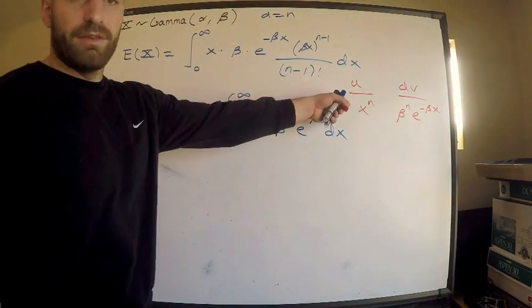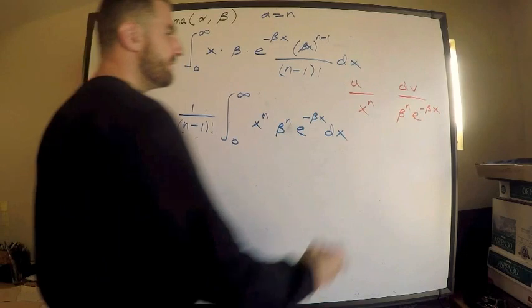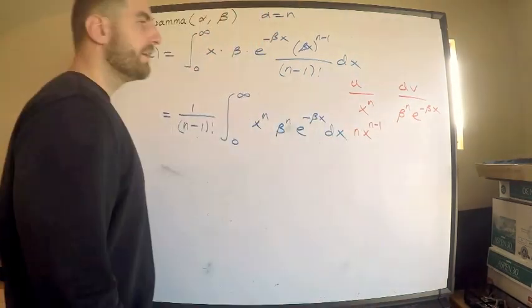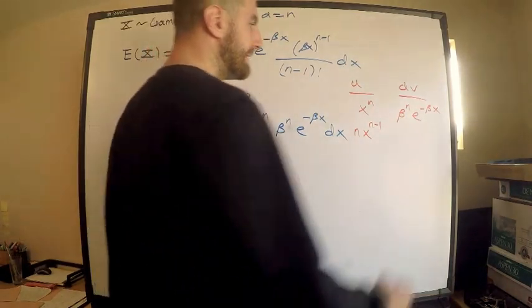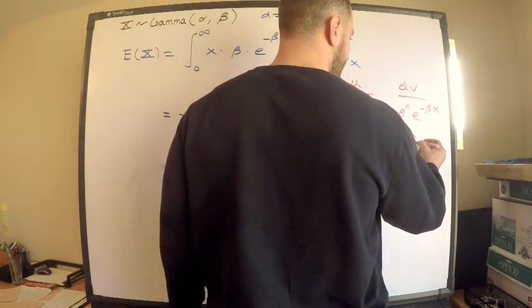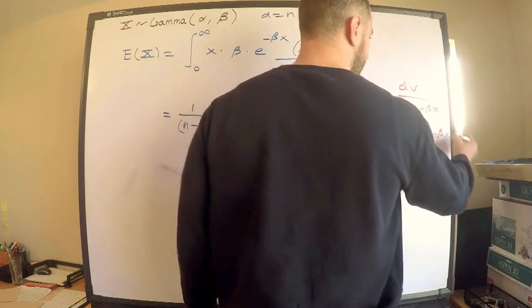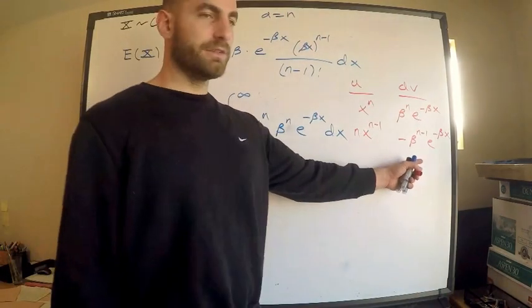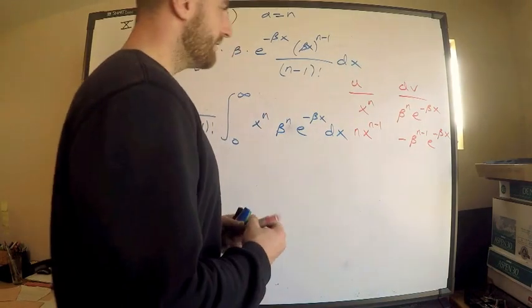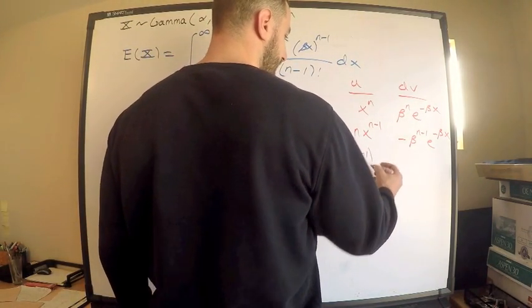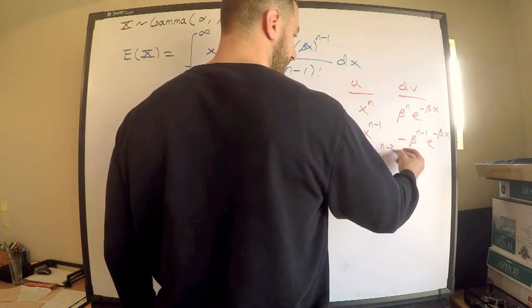We're taking derivatives of u and integrals of dv. So this is going to be n x to the n minus 1. Take the integral here. This is negative beta to the n minus 1 e to the negative beta x. Again, I'm taking integrals here. Continue. This is going to be n times n minus 1 x to the n minus 2.